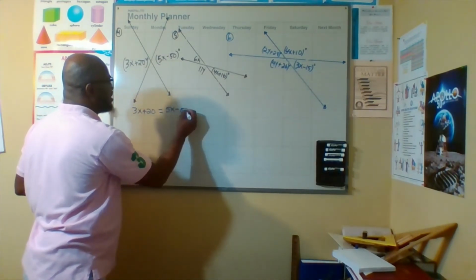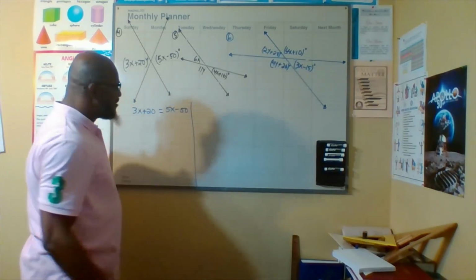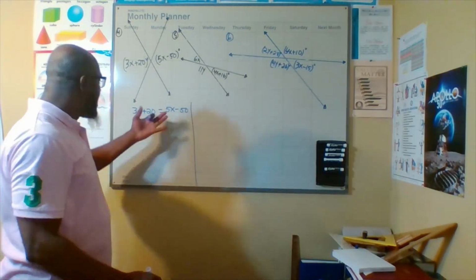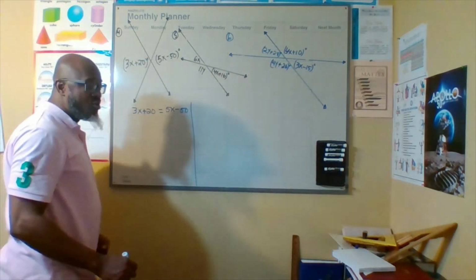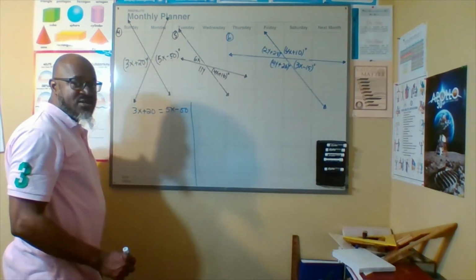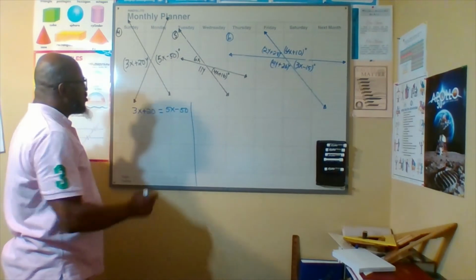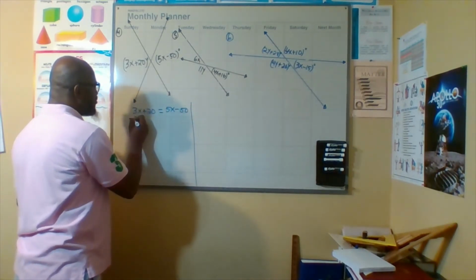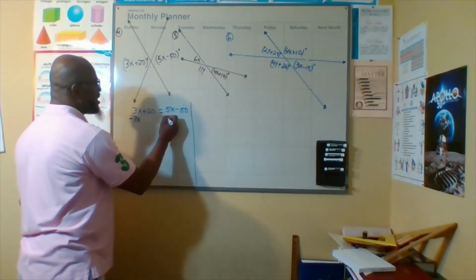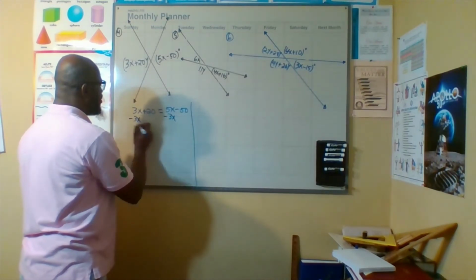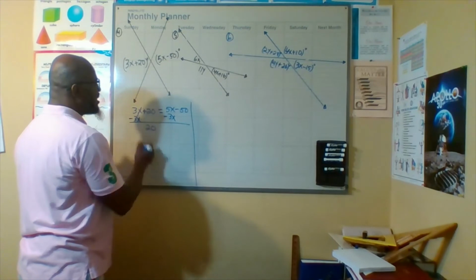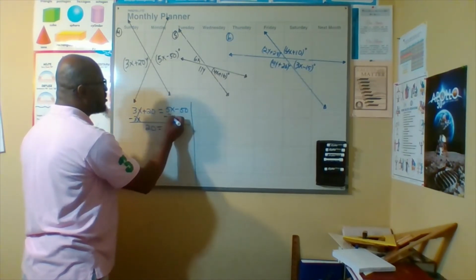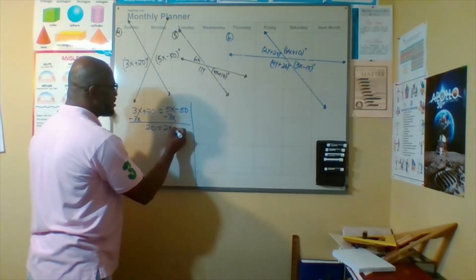Now the only thing that I have to do is solve for x. Once I know x, I can find the measure of each angle, even though they don't ask for the value of each angle. We can do that because sooner or later they're going to ask for that. I will have to subtract 3x from each side. So I will end up with 20 equal to 2x minus 50.